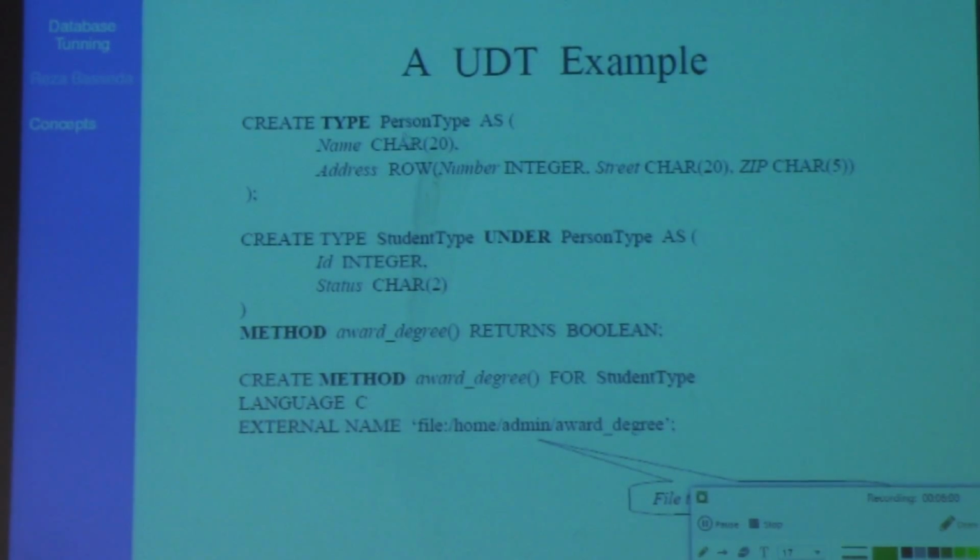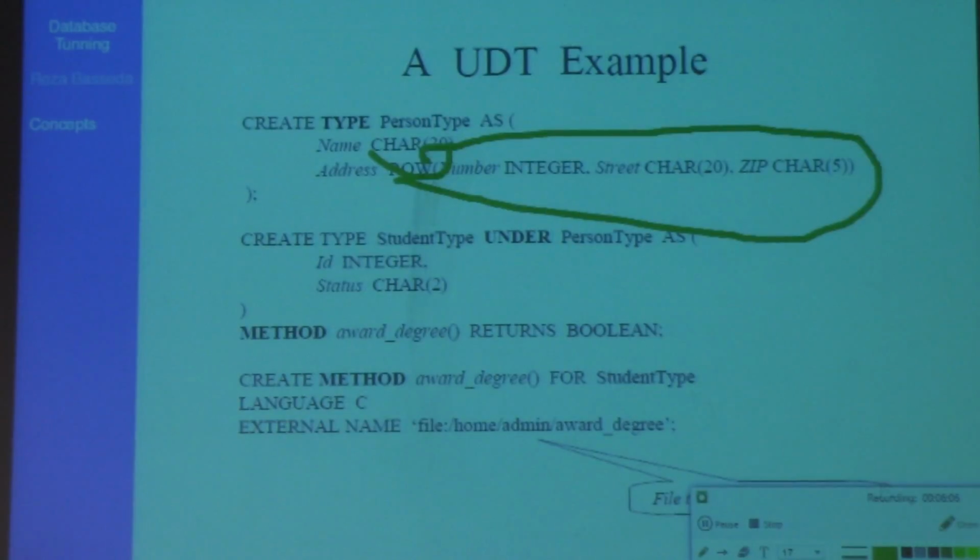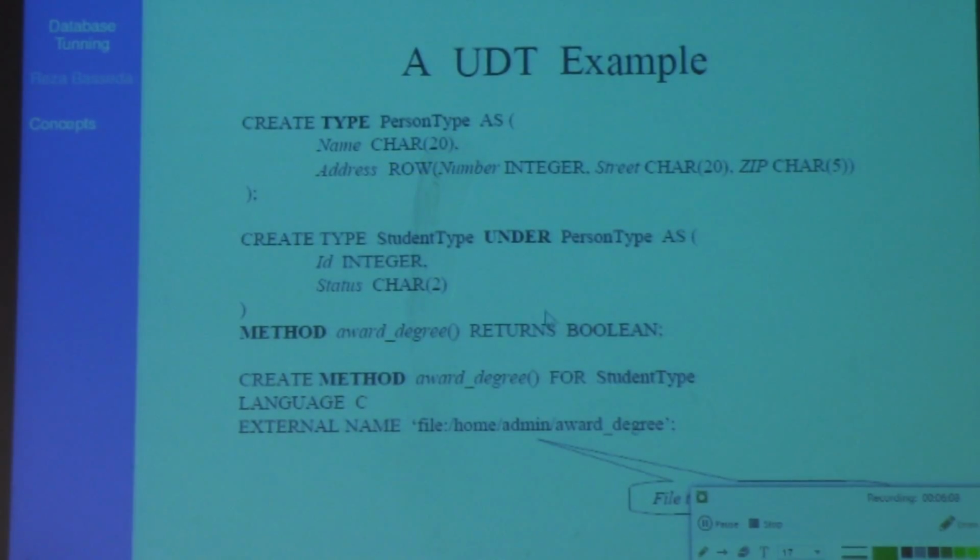So here, person type is defined with a name, and this is a row type, right? There is one more relationship between classes. What is it? An is-a relationship, by inheritance.